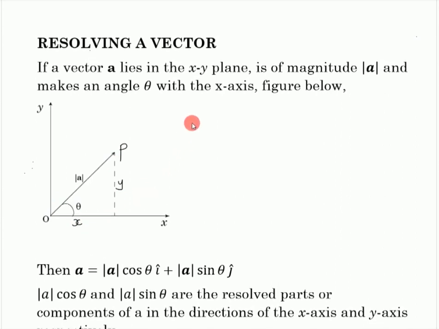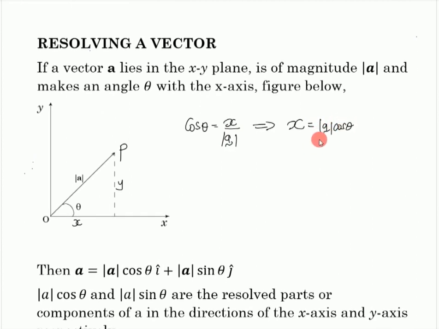If I use trigonometry, I see that cosine of theta is equal to adjacent, which is x, divided by hypotenuse, which is a. The implication is that x is equal to a times the cosine of theta.